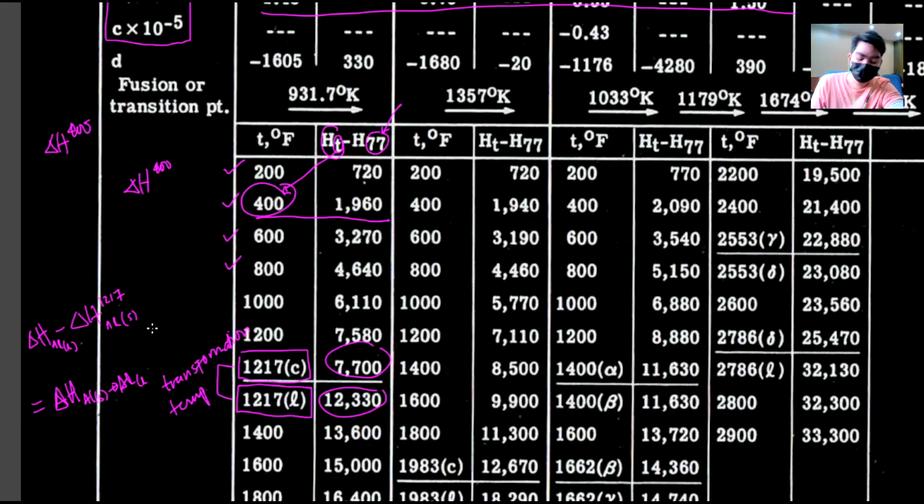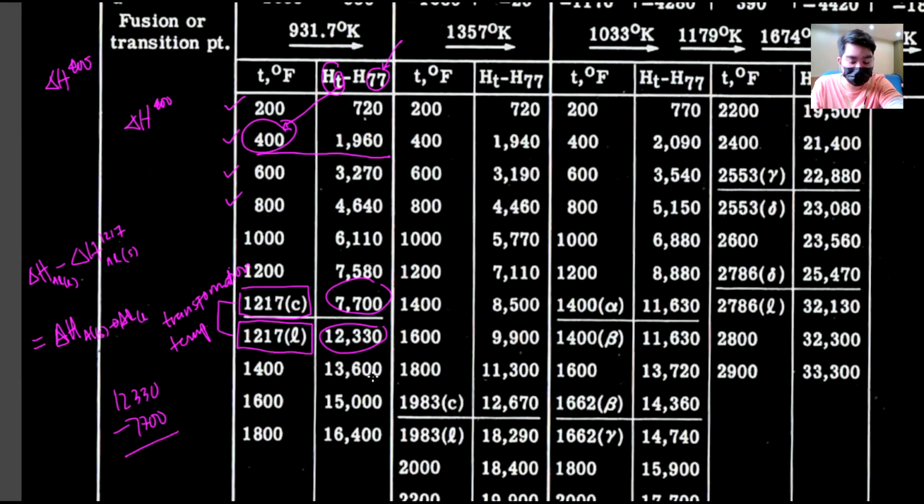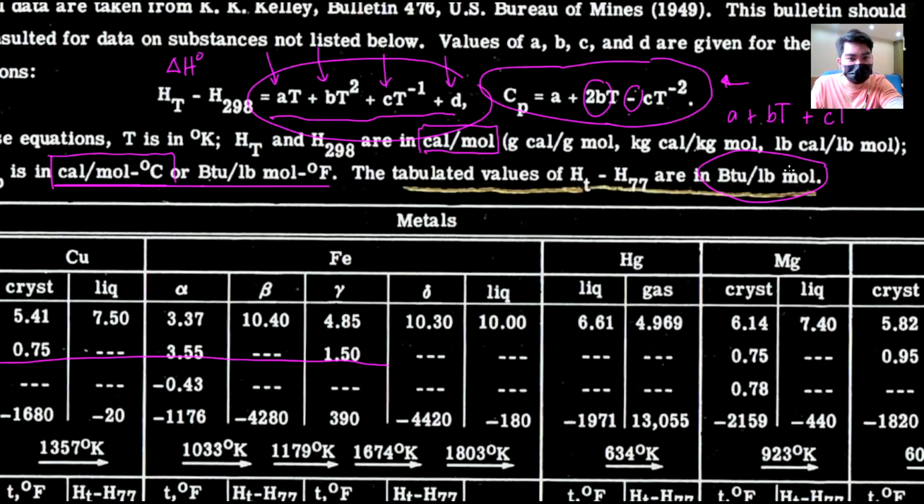So, if ganun yung case, then if we deduct these two values right here, so from 12,330 minus 7,700, if you get the difference between the two of them, you will actually get the delta H of transformation. Pero again, it's in BTU per pound mole. Okay? So yung BTU per pound mole, convert nyo pa muna sa cal per mole or yung kilojoules per mole. Okay?